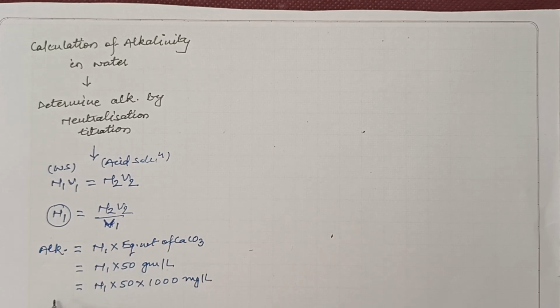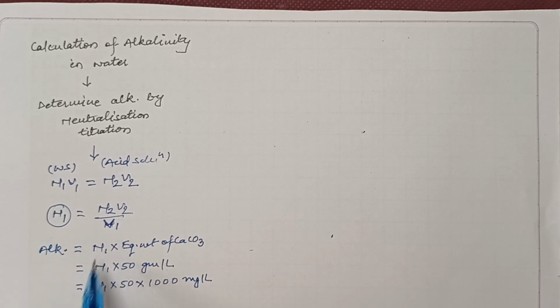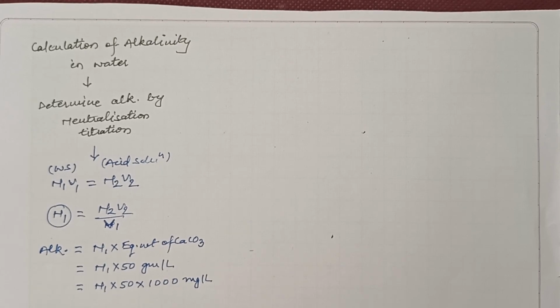So if we write, in place of N1, the alkalinity divided by equivalent weight 50 is equal to N2 into V2 divided by V1, cross multiply here.